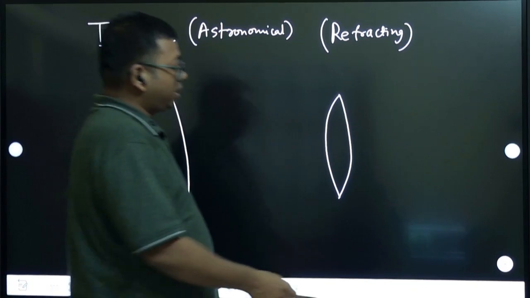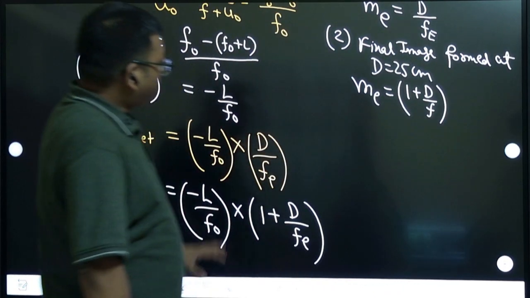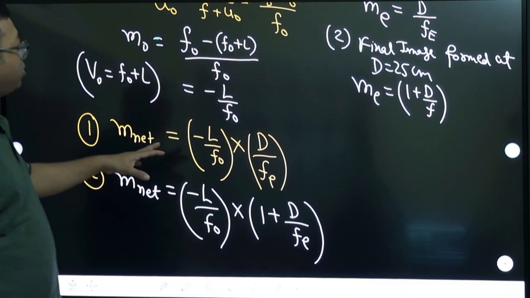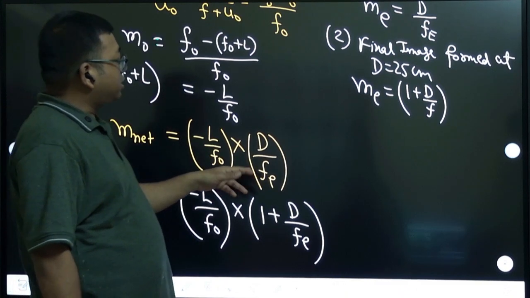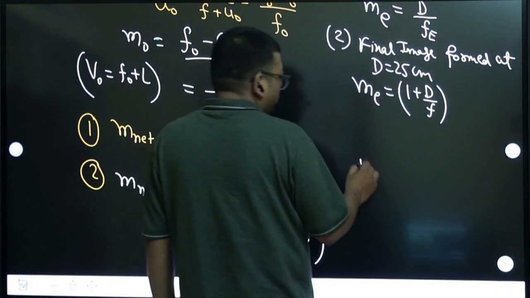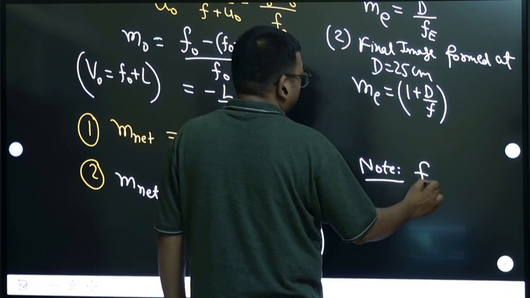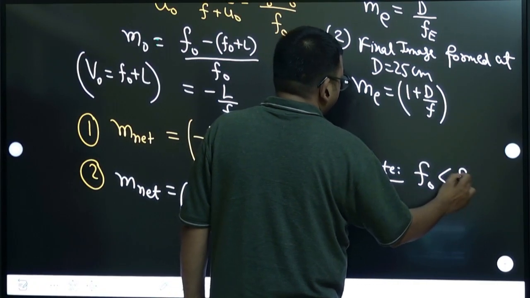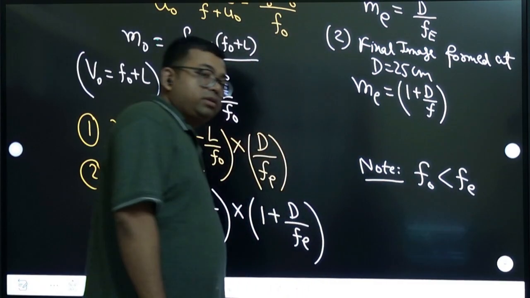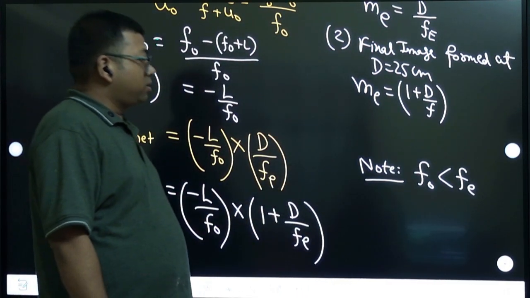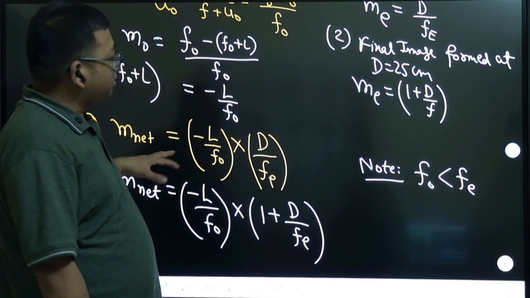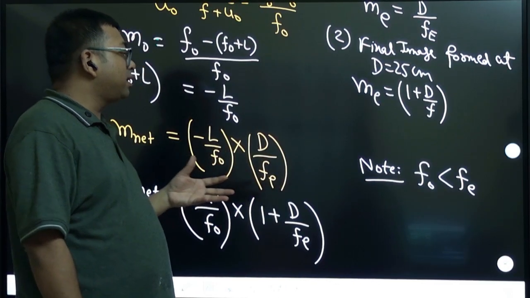And also note that in case of compound microscope, if you see the formula FO FE, generally we keep FO smaller than FE. Why do we keep it like that?